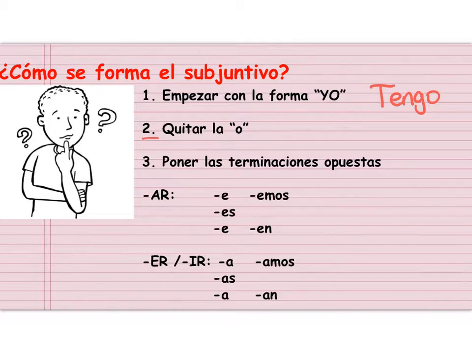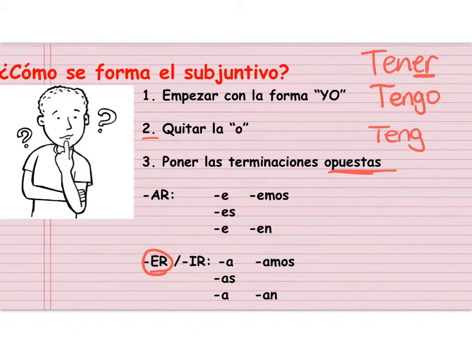So if we remove the O, we are left with teng, no O. And then it says to put in the opposite, opuestas, the opposite endings. The verb tener, as we see here, is an ER verb. So if it's an ER verb, we are going to add the opposite endings of the present indicative tense. So ER verbs will get an A ending.